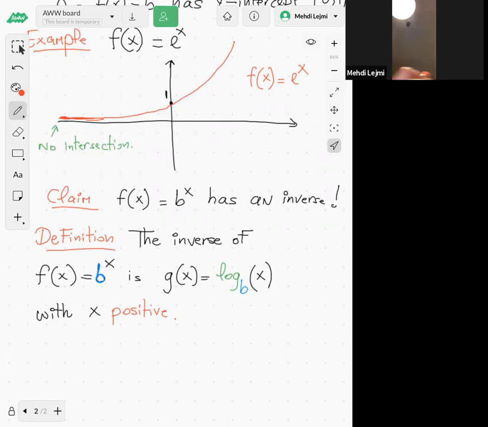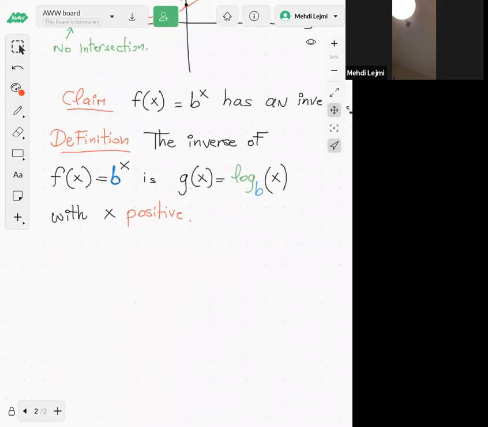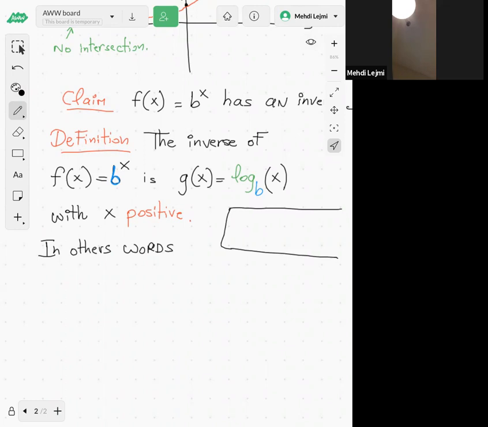Well, in other words, remember the definition of the inverse. So g is the inverse of f if f of g of x is equal to x and g of f of x is equal to x, right? That's how we define the inverse of a function f.